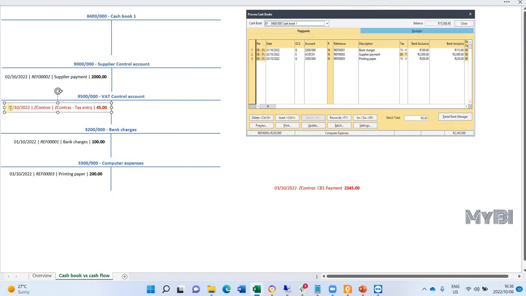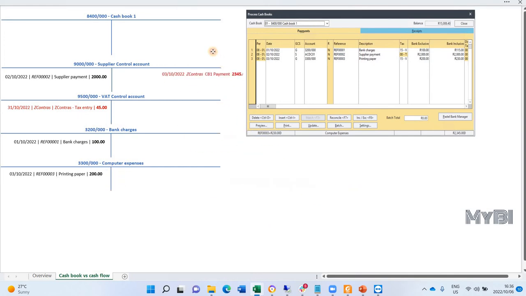So it would process at 31 October 2022 as a Z-Contras reference, and it's going to say Z-Contras tax entry. And it's going to process both that 15 Rand on line 1 and the 30 Rand on line 3 together. So you can imagine it becomes quite complicated at this stage to bind that 45 Rand across that 100 and that 200 Rand over here. Becomes quite complex.